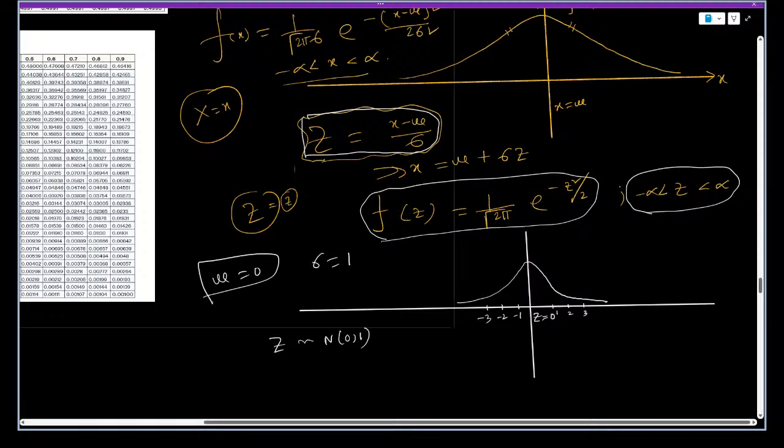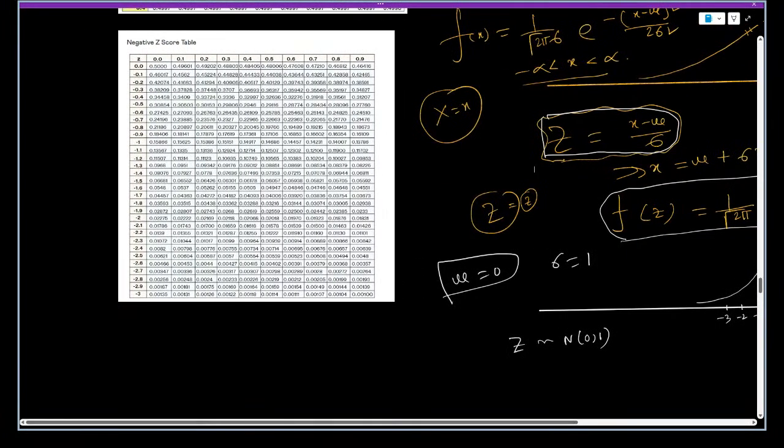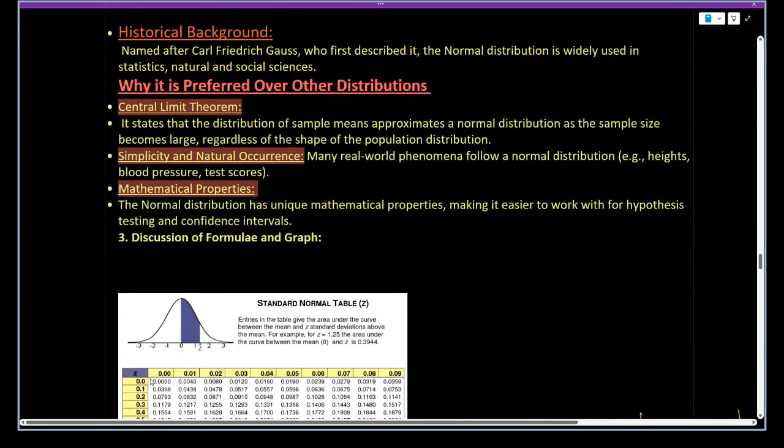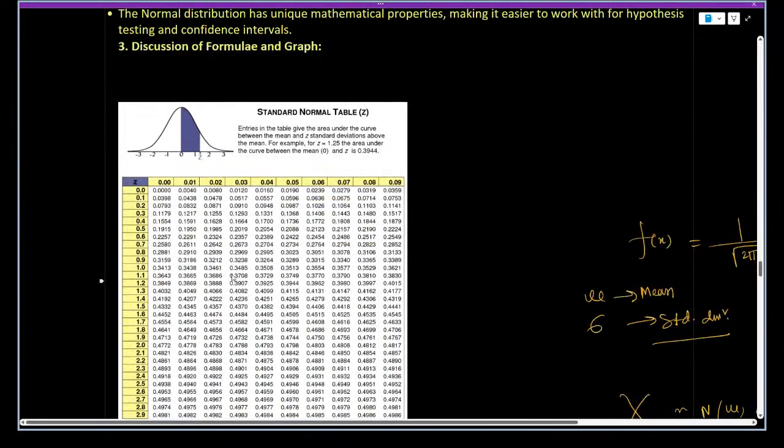And this, if you know z, it is a probability density function, it will give you the probability. That probability can be obtained with the help of tables. Tables are given in many books in different manners. This is one way. The table is given on the right side of 0, all these values.